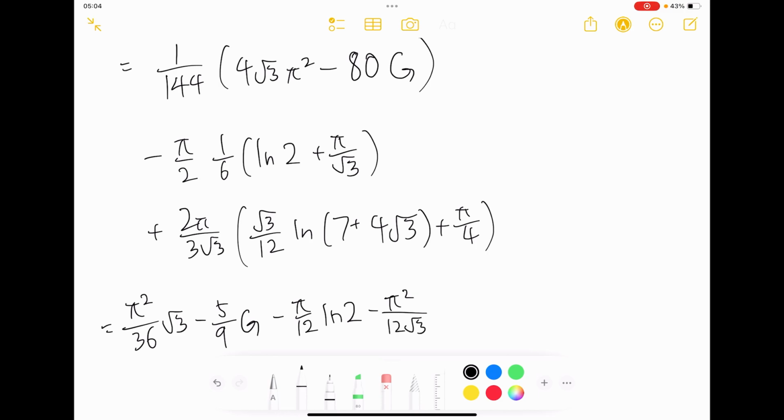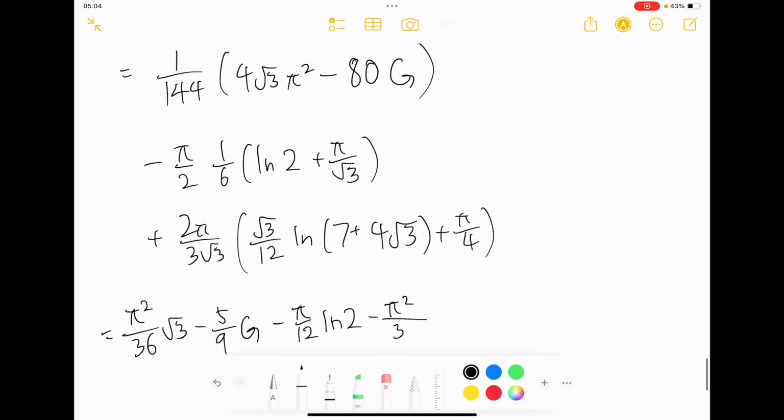Pi squared over 12 root 3, and we rationalize it, kind of, by multiplying root 3 on the top and bottom, giving us pi squared over 36 times root 3.